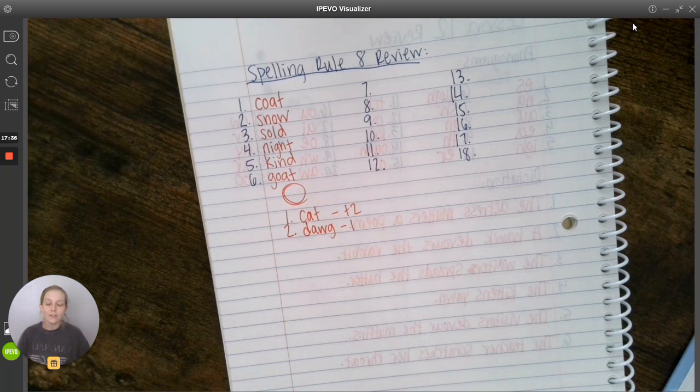I love to roll down a grassy hill. Roll. Number 9, right. I am right-handed. Right.